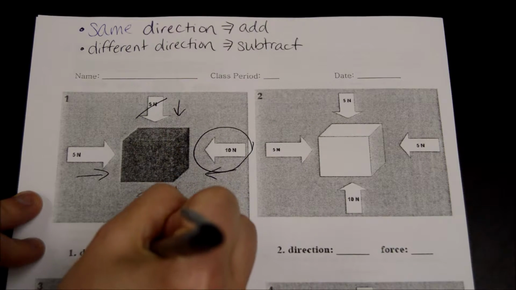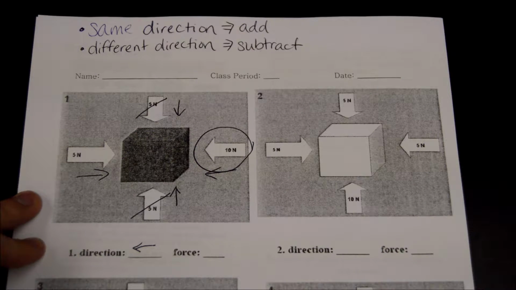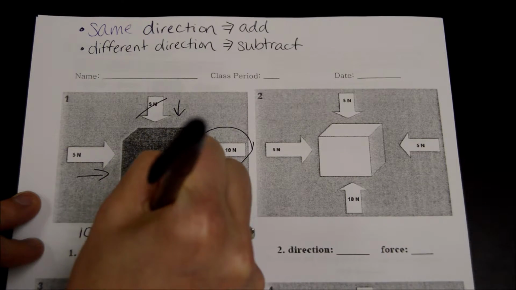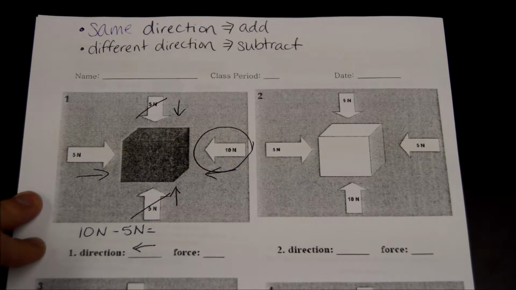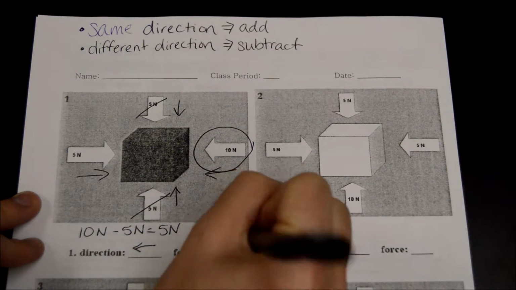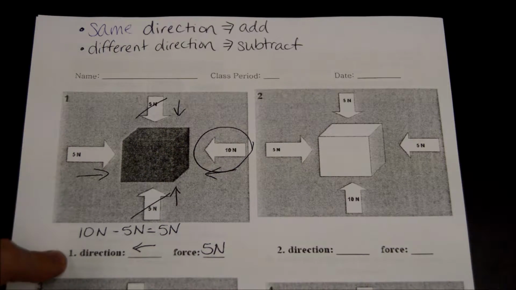So we know our direction is to the left. We're just going to subtract 10 newtons minus 5 newtons equals 5 newtons. So our force is 5 newtons in the direction of going to the left.